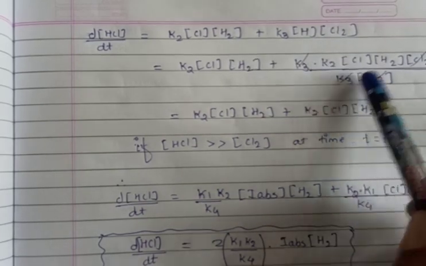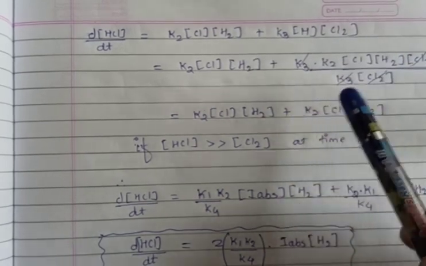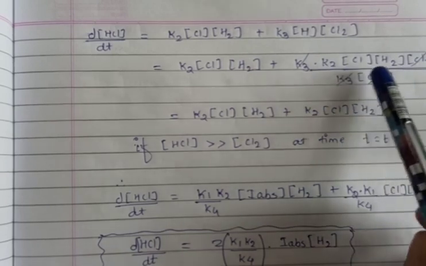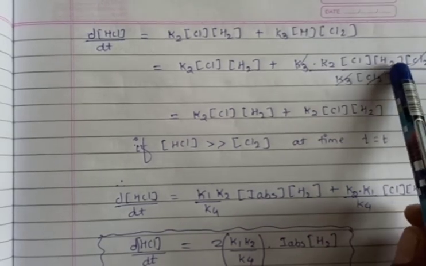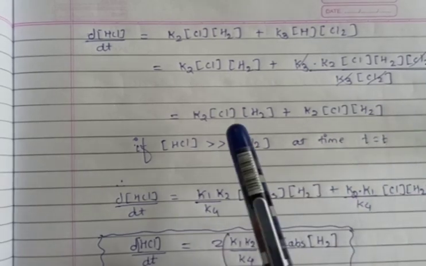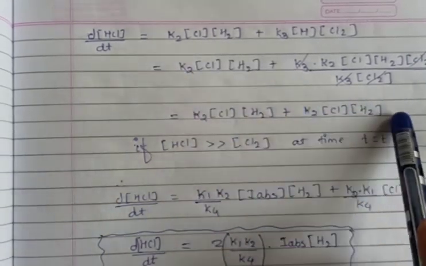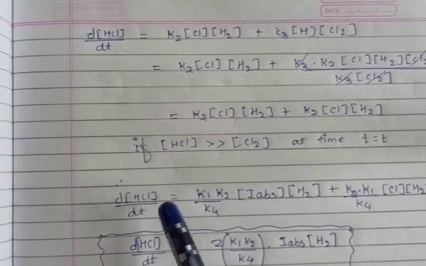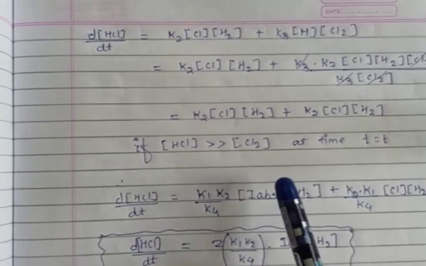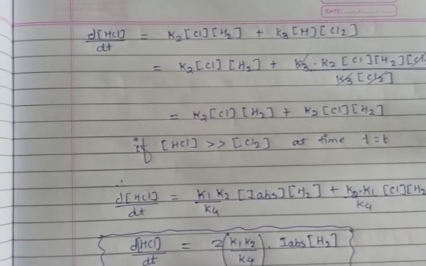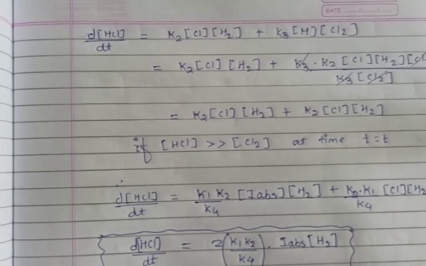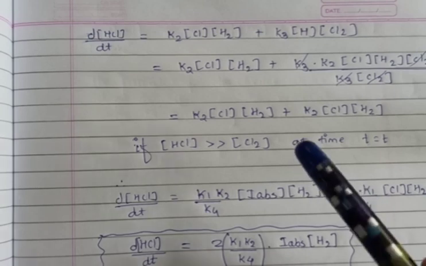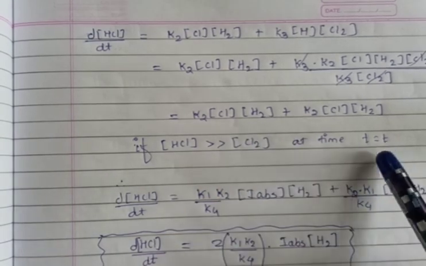So K3 gets cancelled and concentration of Cl2 gets cancelled. So the remaining term is K2 into concentration of Cl into concentration of H2. Just rewrite here. So the first term is equal to the second term. And if the concentration of HCl is very much greater than the concentration of Cl2, that means the product concentration is greater than the reactant concentration at time t.